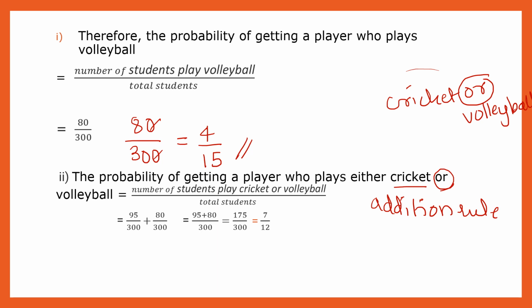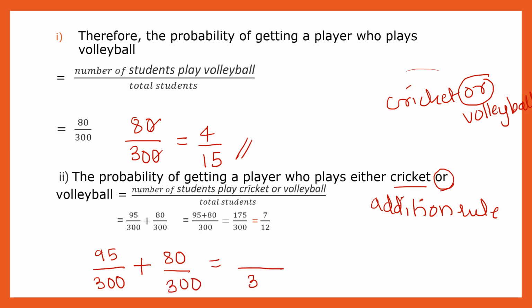So here, the number of students who play cricket or volleyball divided by the total number. For cricket, we have 95 divided by the total 300. The word or is being used, so by the addition rule, we have plus. Next is volleyball. For volleyball, students are 80 divided by the total.